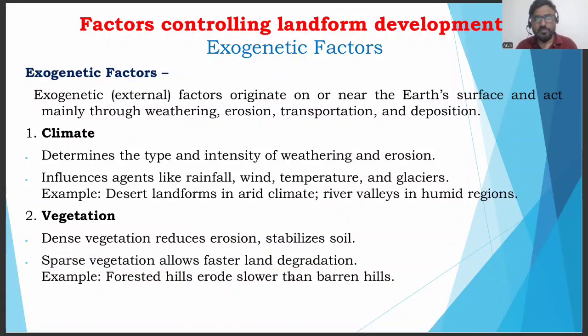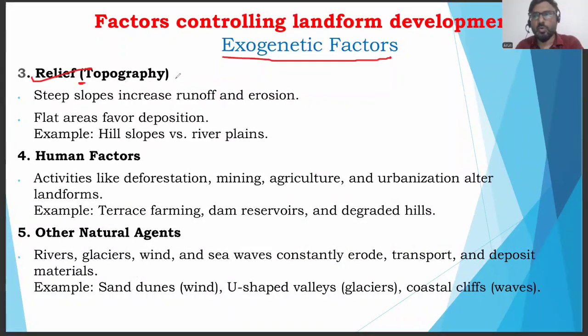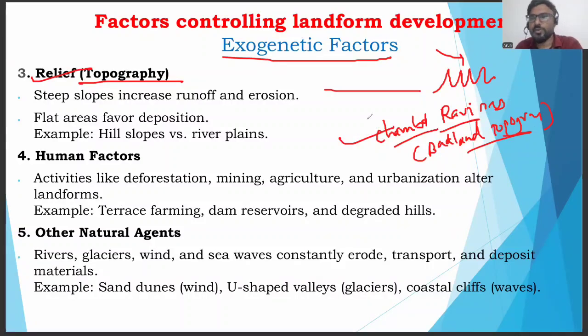Coming to the third category of exogenetic factors, the relief, that is topography. So friends, what kind of topography is there? If the topography is a plain surface, the rate of erosion could be different. If the topography is a rugged structure like the Chambal ravines, also known as badland topography, then the rate of erosion could be different.